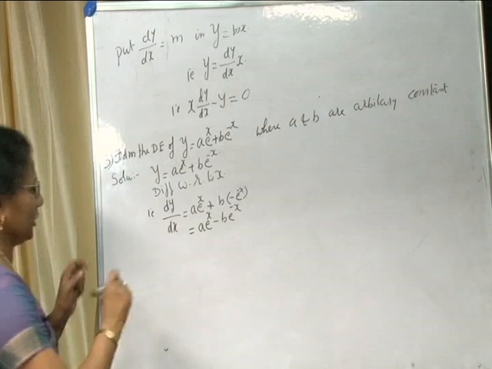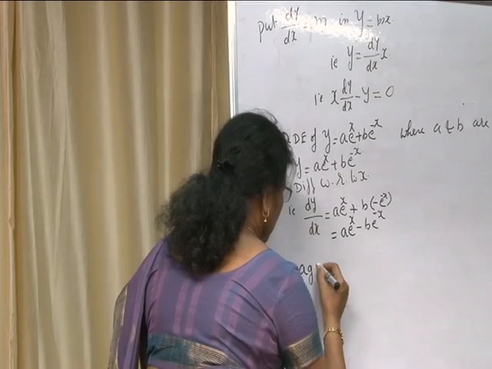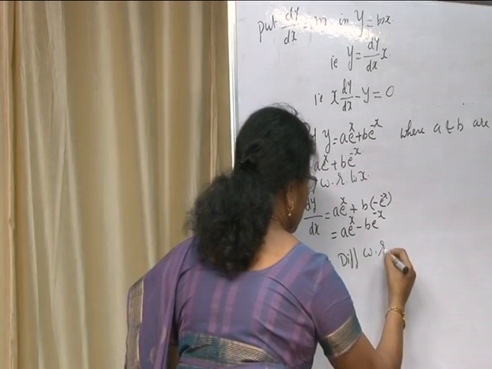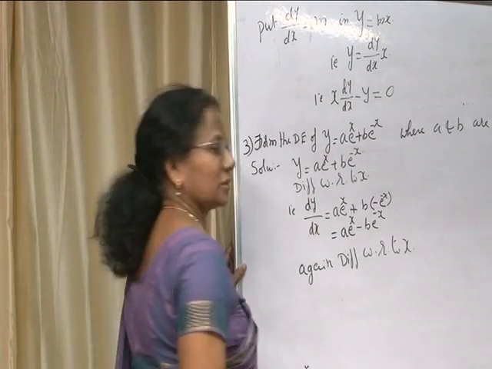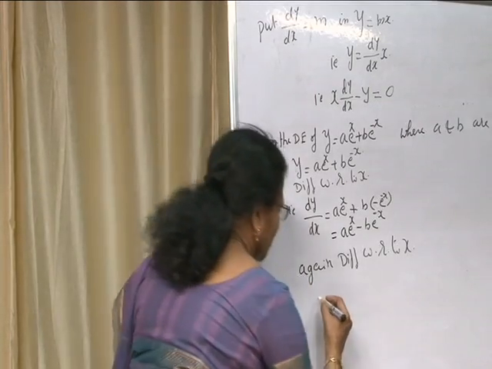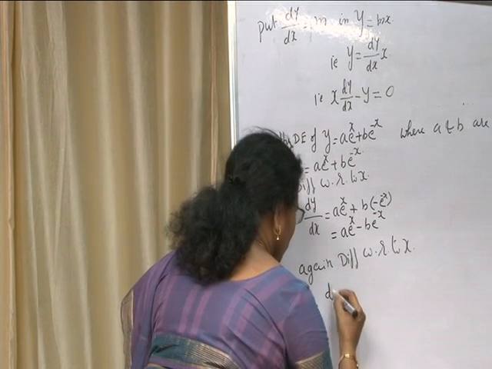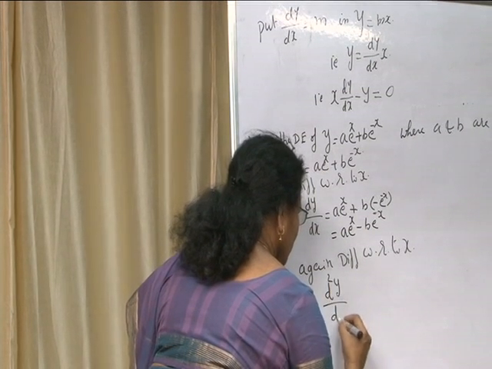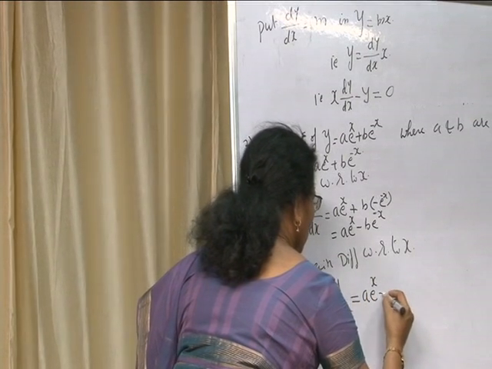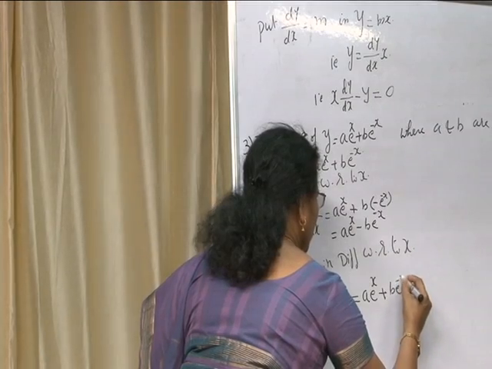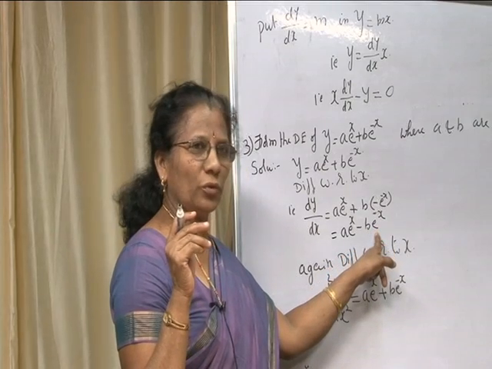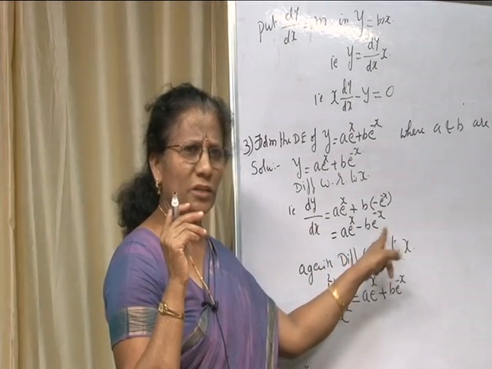Again, differentiate with respect to x. That is d squared y by dx squared is equal to a into e to the power of x plus b into e to the power of minus x. Here a minus is already there. If we differentiate this e to the power of minus x, we are going to get minus e to the power of minus x.